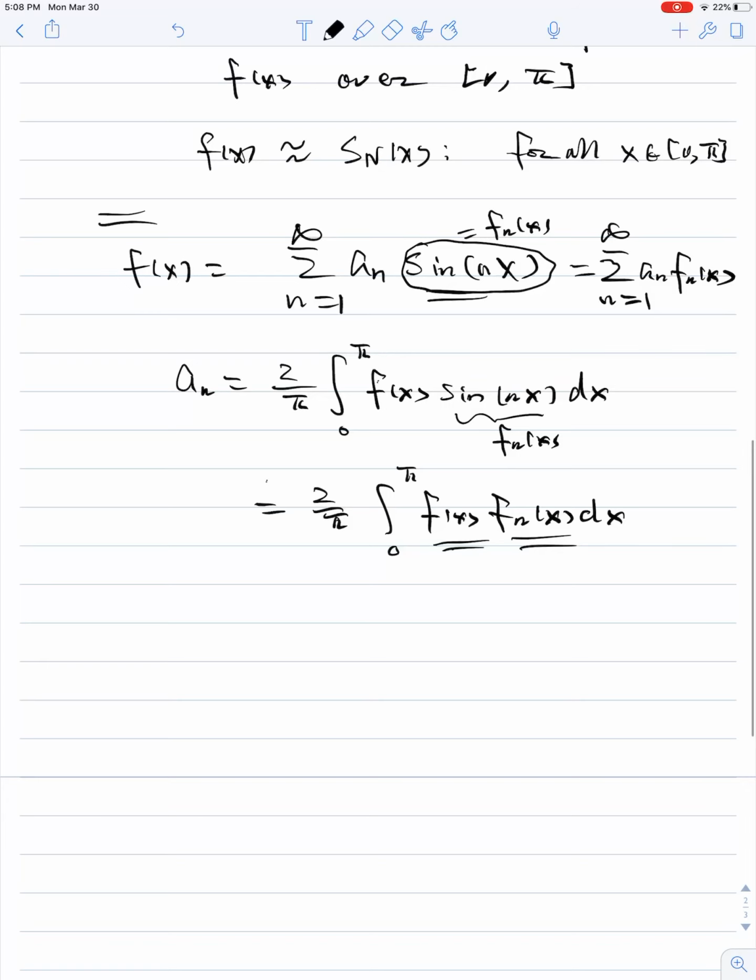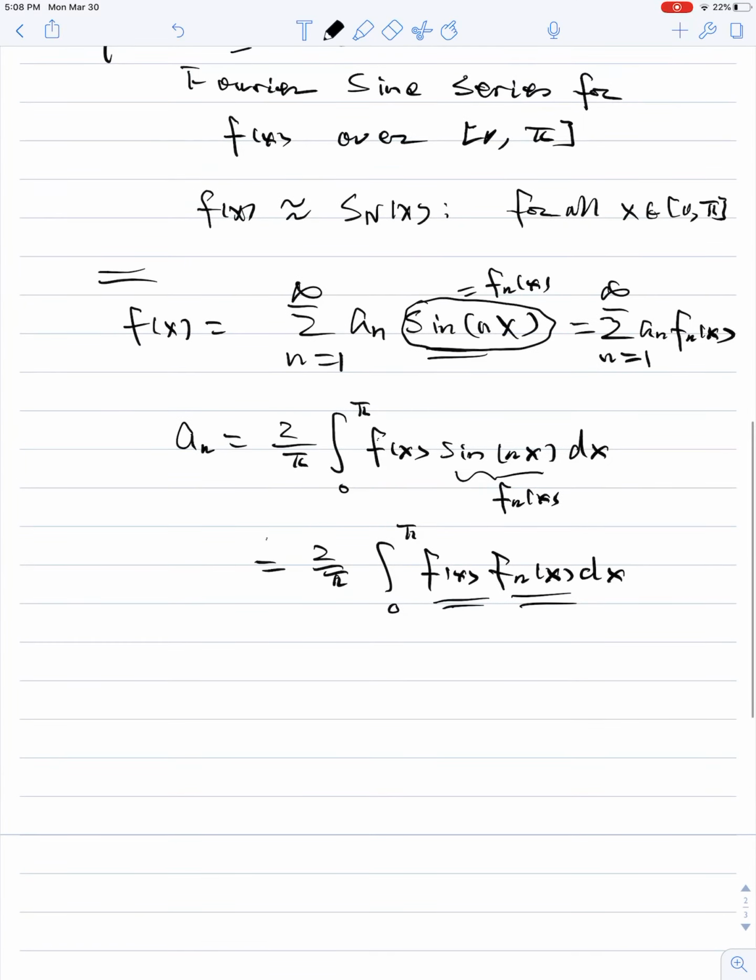Now the key fact in arriving at this formula is that the integral of sin(nx) sin(mx) dx is 0 when n is not m.